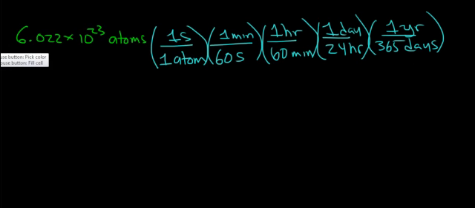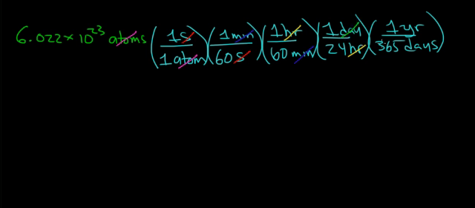Now, some next things that you should notice is that this unit of atom cancels out with this unit of atom. This unit of second cancels out with this unit of second. This unit of minute cancels out with that unit of minute. This unit of hour cancels out with this unit of hour.